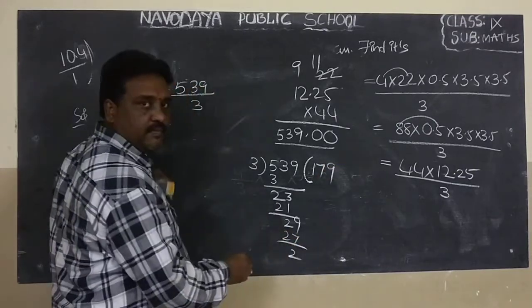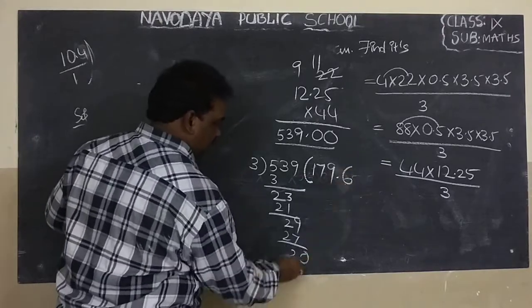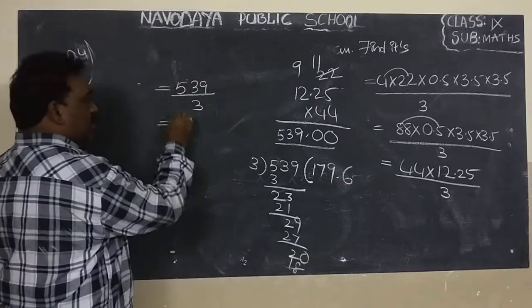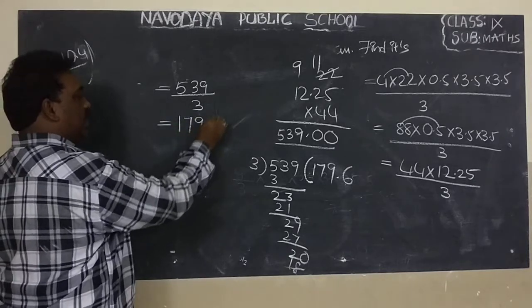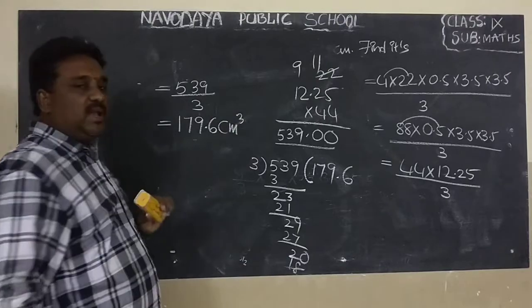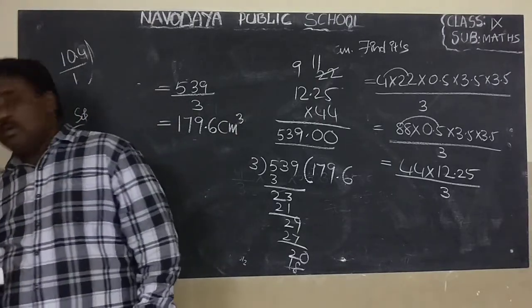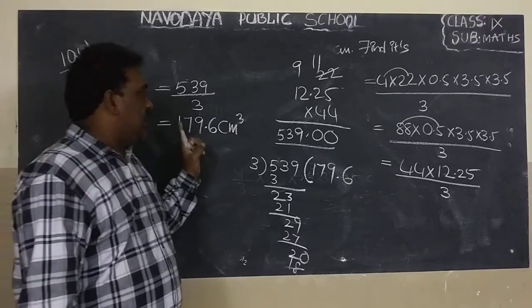Remainder 2. Then point, then 0. 6 times 18. It is going on. So 179.6 centimeter cube. Volume of the sphere.